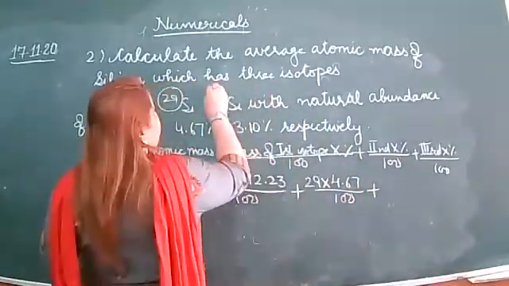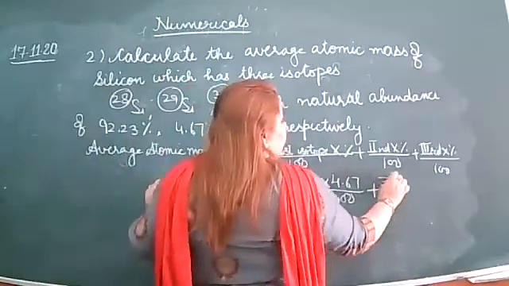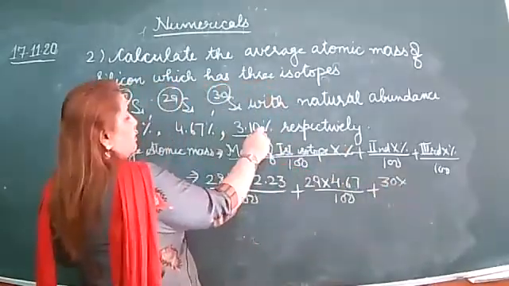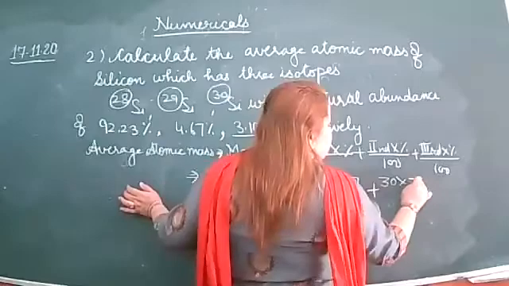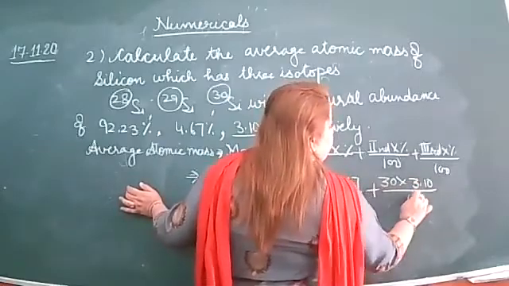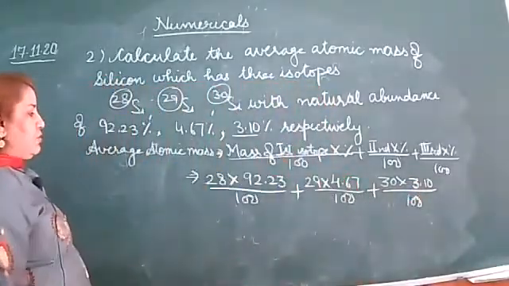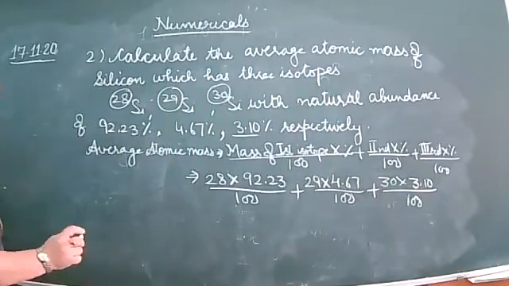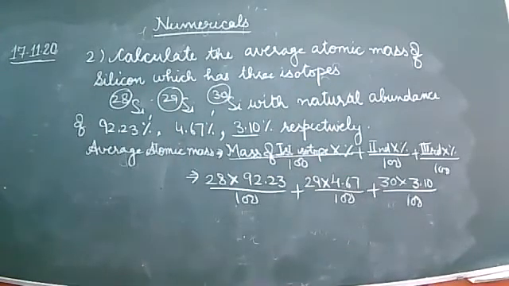Then third isotope 30 multiplied by percentage 3.10 divided by 100. Now solve this, right? Multiply 92.23 into 28.